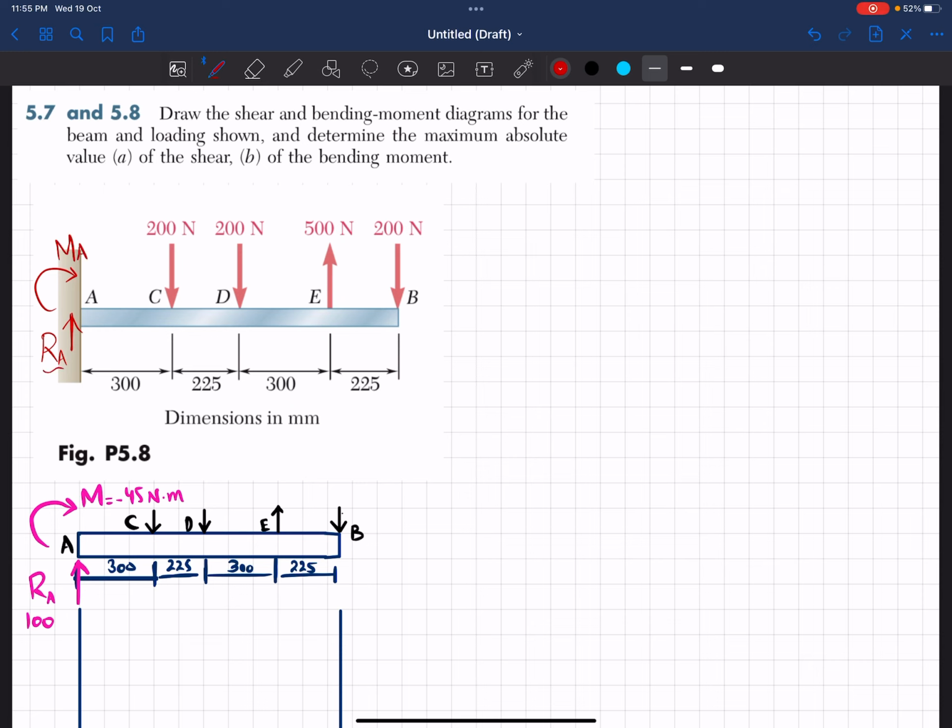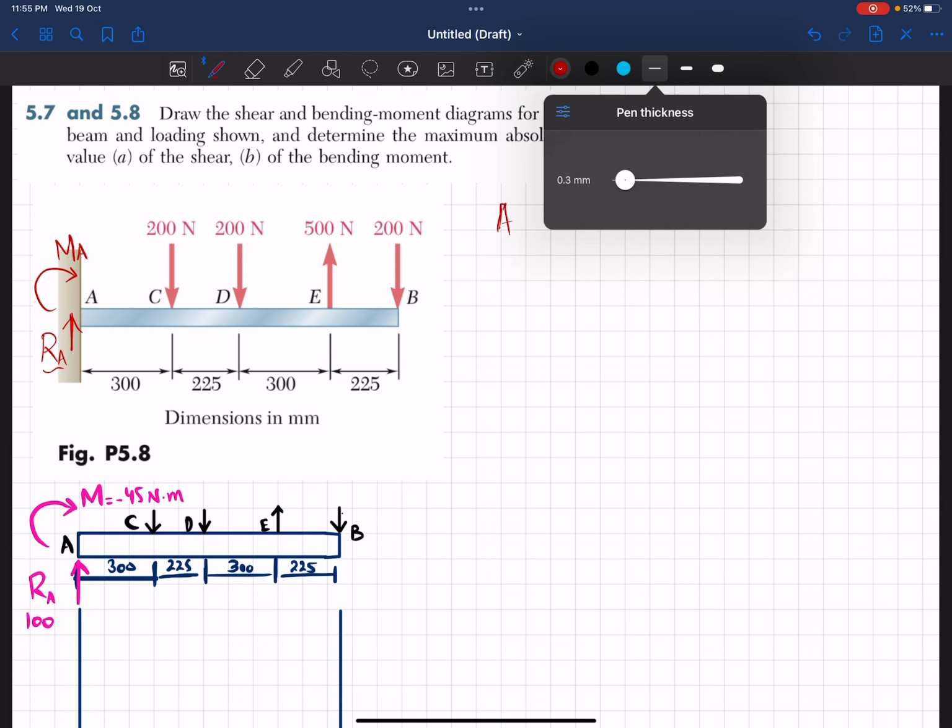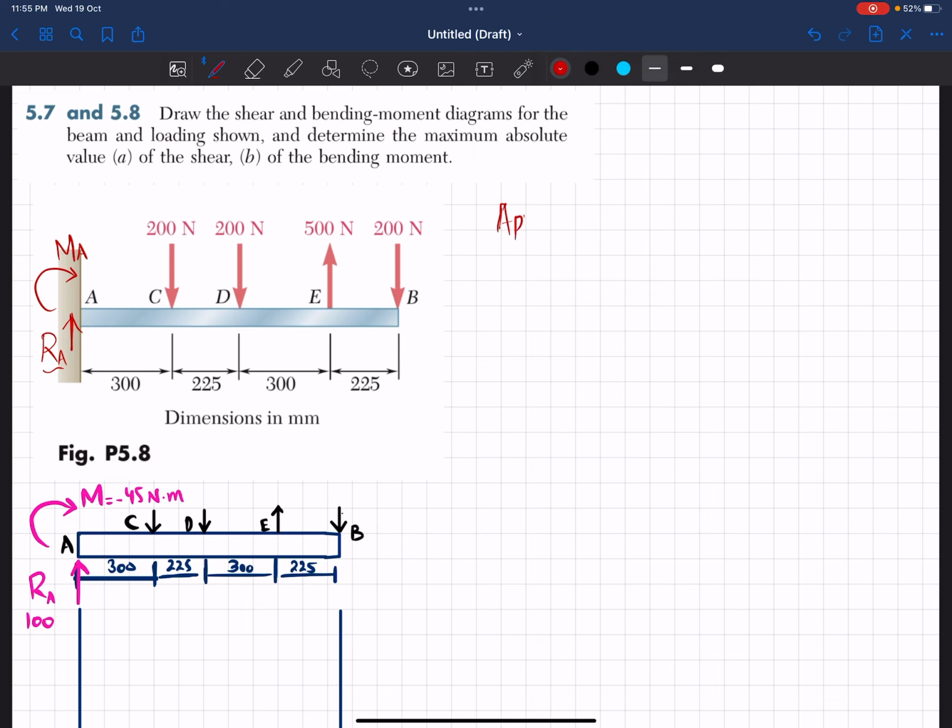RA and MA are not known, so we will apply equilibrium conditions in order to find these unknown reaction force and moment.